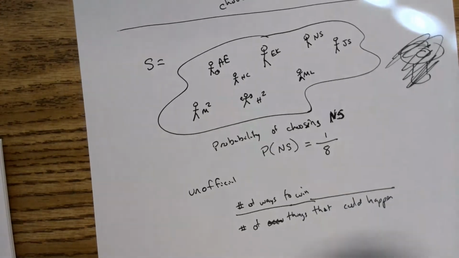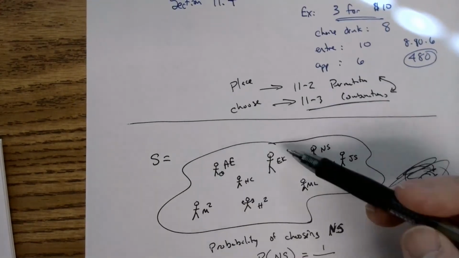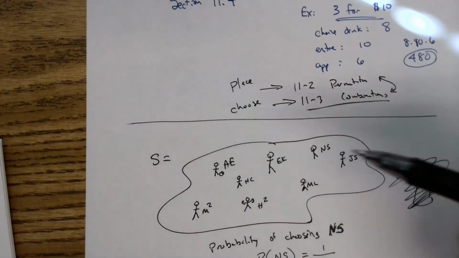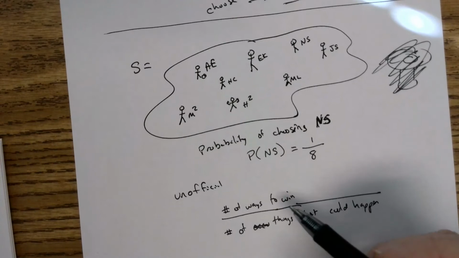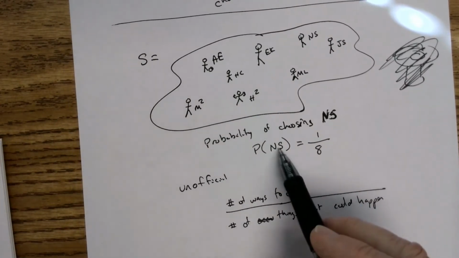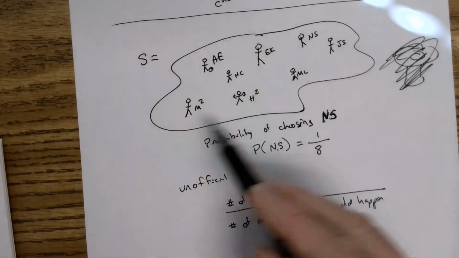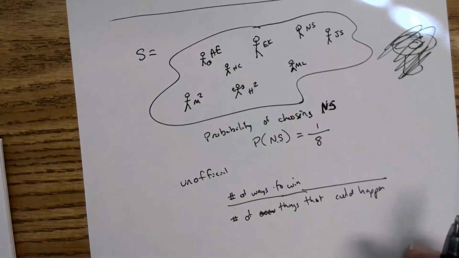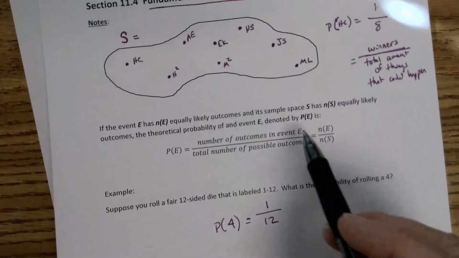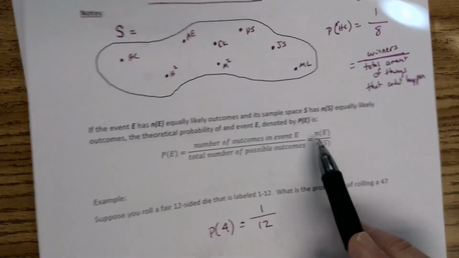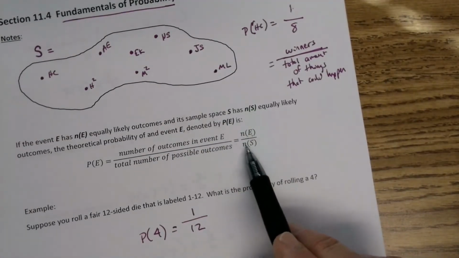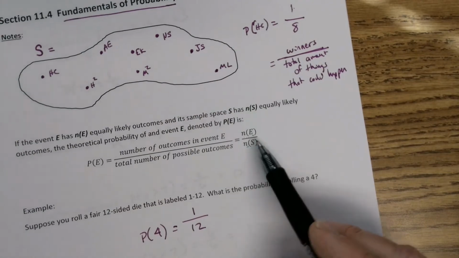I can't reach into this hat of people and pull out someone that's not in here. So how many ways can I pull out NS? 1. How many people are in here? 8. And here's the official: the number of ways the event happens divided by the cardinality. Remember that n is cardinality. How many things actually occur in the set?